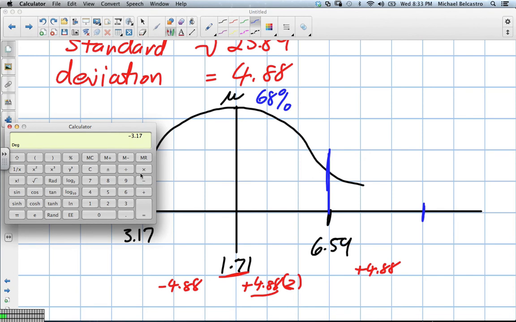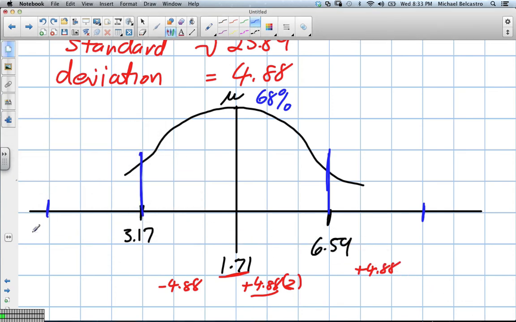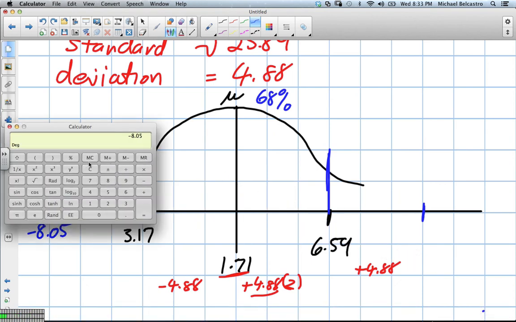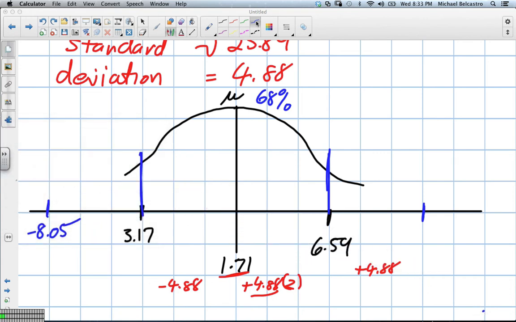We'll do the left one first, since we already have this value up. Minus 4.88, negative 8.05. And the other one is 6.59 plus 4.88, 11.47. Great.